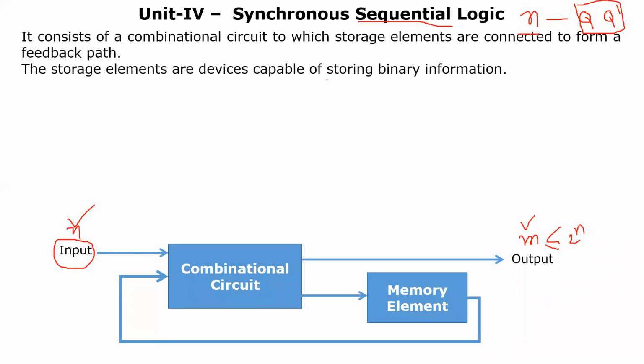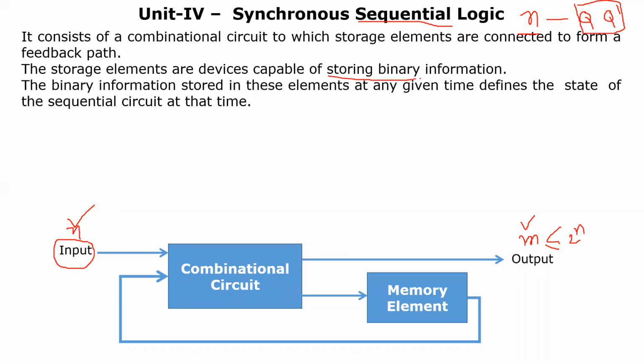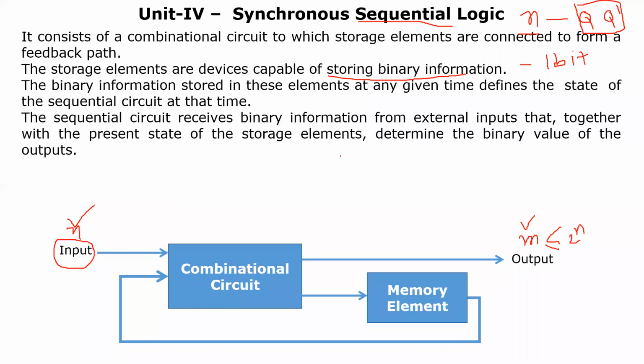Sequential circuits are always used to store some kind of binary information. More specifically, they store one bit of information only, a single bit, not more than that. Sequential circuits must receive the external inputs, and the present state of output must also be taken into consideration.